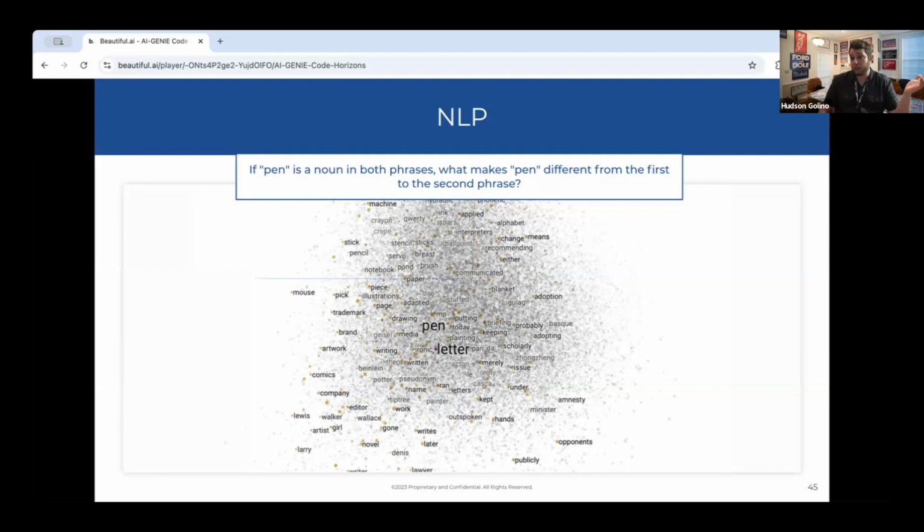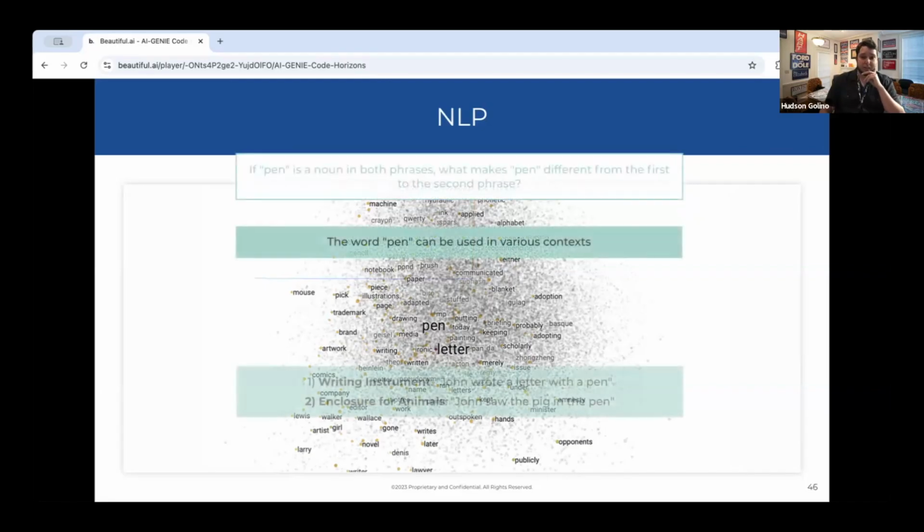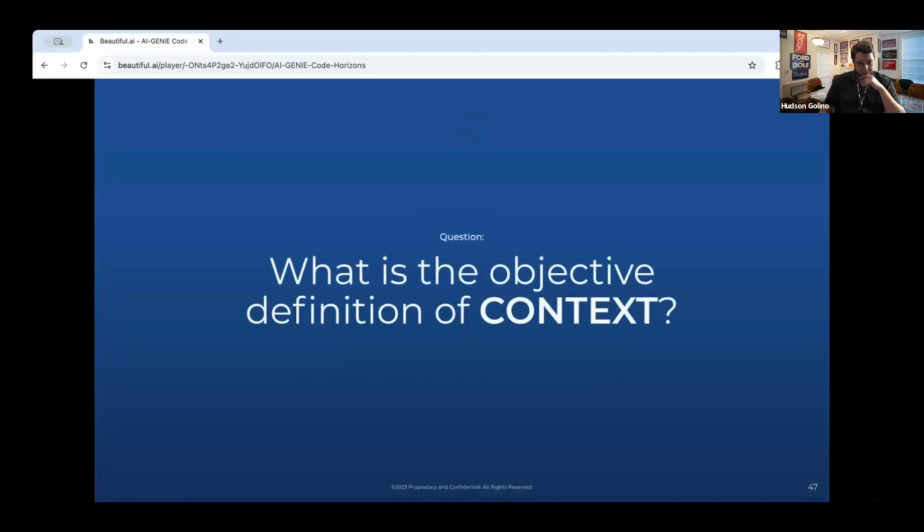Pen must be a writing instrument, right? If you know English, so the assumption here is you need to know the language. You can associate pen and letter and then understand it's a writing instrument. The same thing for the second phrase, an enclosure for animals, because we know that pen is associated with pig.